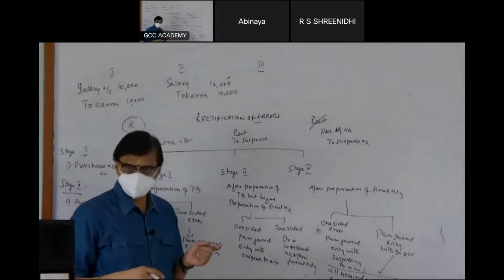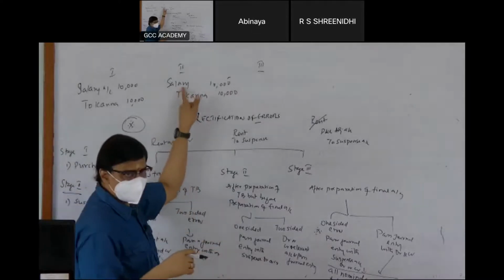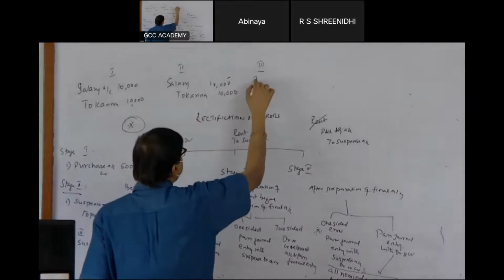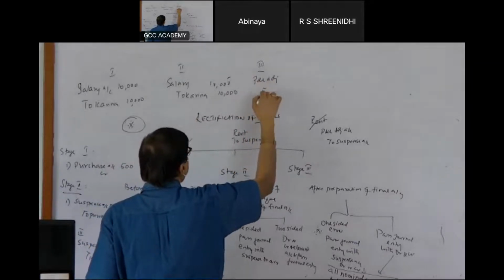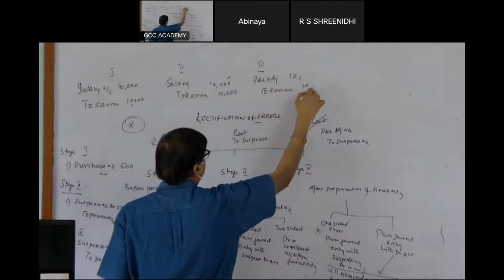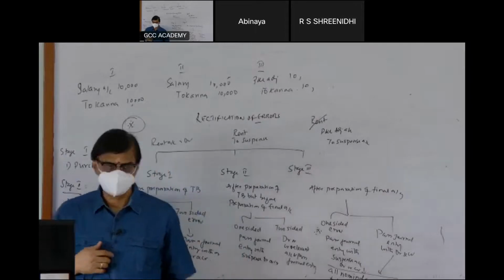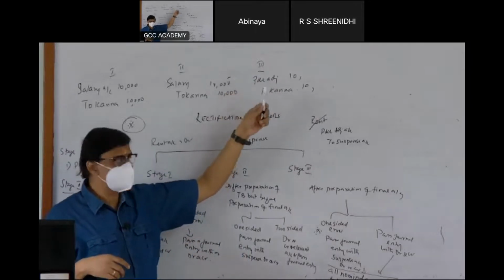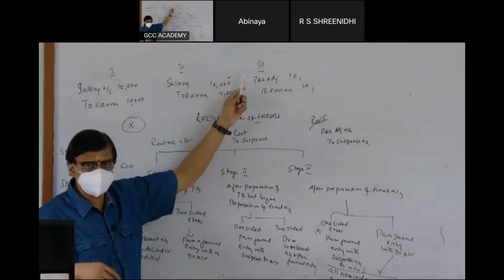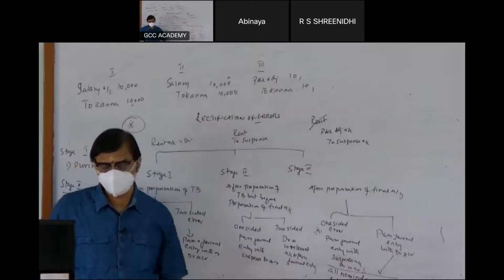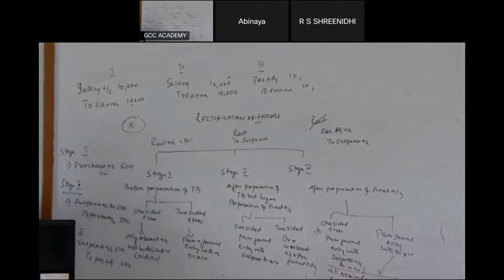Very simple. Wherever a nominal account is involved, salary is the nominal account. Wherever you have debited a nominal account, you have to debit the P&L account. Karina account will not change, because that is a balance sheet item that you can still affect.